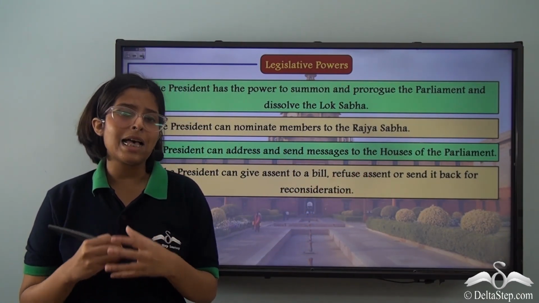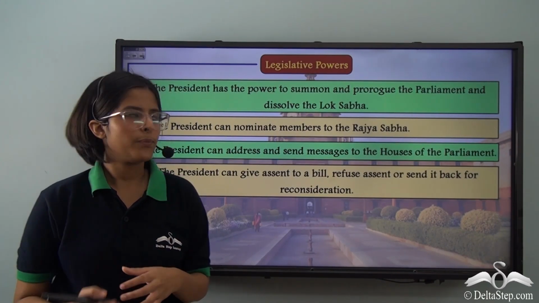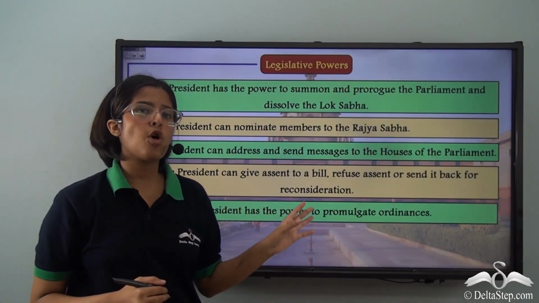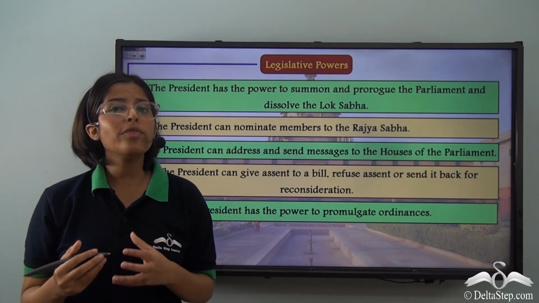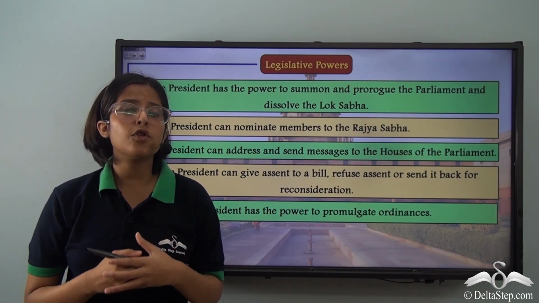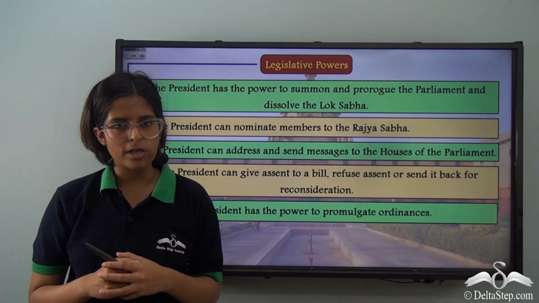The President's assent or signature is necessary for a bill to become a law. So the President has the power to promulgate ordinances. So when the Houses of Parliament are not in session and there is need for an urgent law to be passed, the President can promulgate an ordinance.